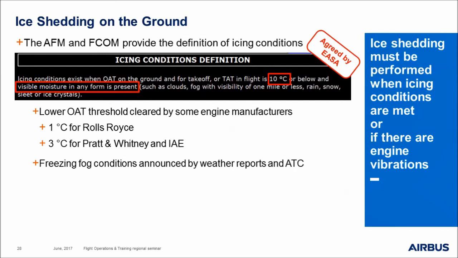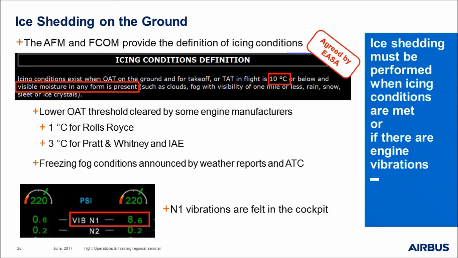The freezing fog conditions are announced by the weather reports and by the ATC. A dedicated procedure is available for Rolls-Royce engines. Engine vibrations generally materialize through an increase of V-band1 and are felt in the cockpit.